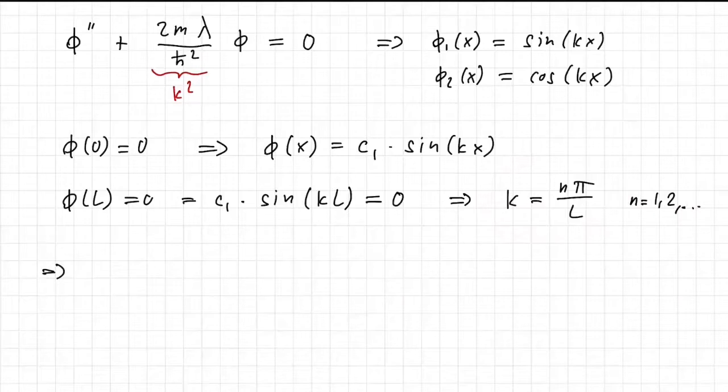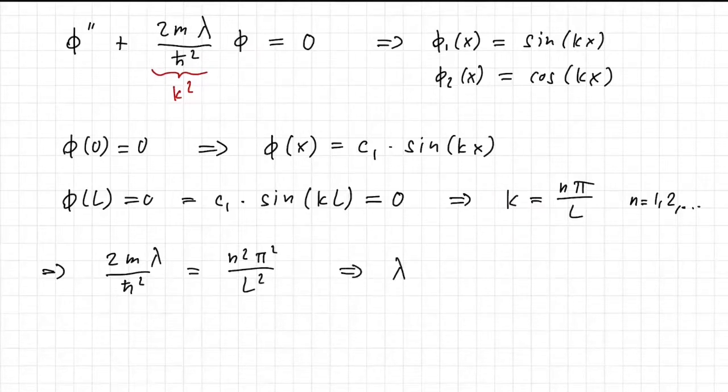namely that we have 2m lambda divided by h bar squared equals k squared, as I defined it up here. So it's n squared pi squared divided by L squared. And thus we arrive at lambda n equals n squared pi squared h bar squared divided by 2m L squared.